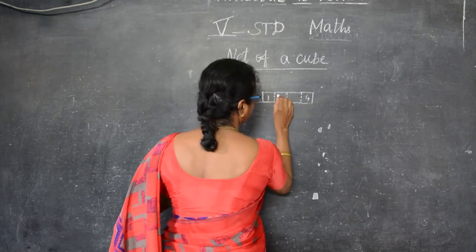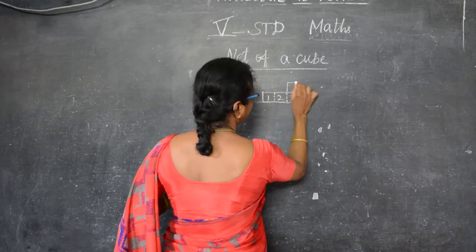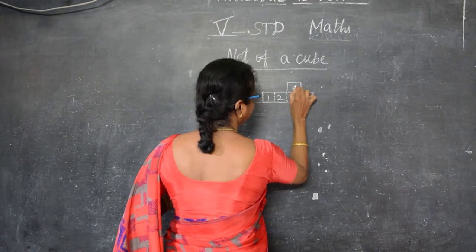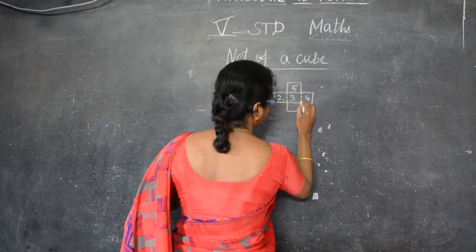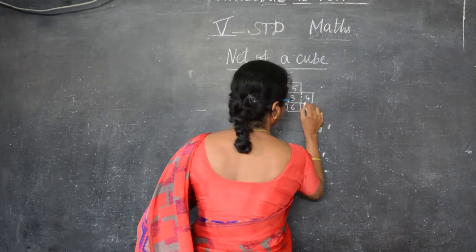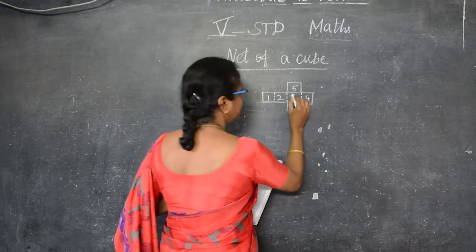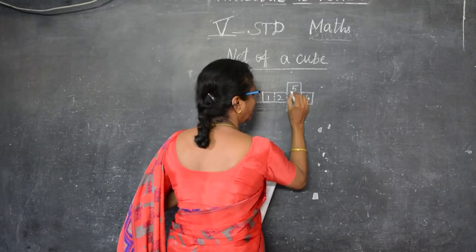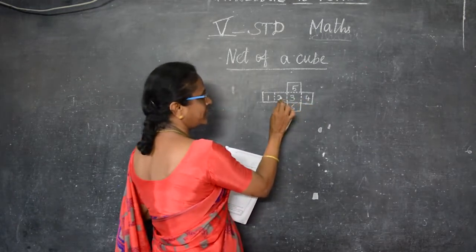So 1, 2, 3, 4, and this will be the 5, and this will be the 6. So this is the net of a cube. Each one is a square shape.